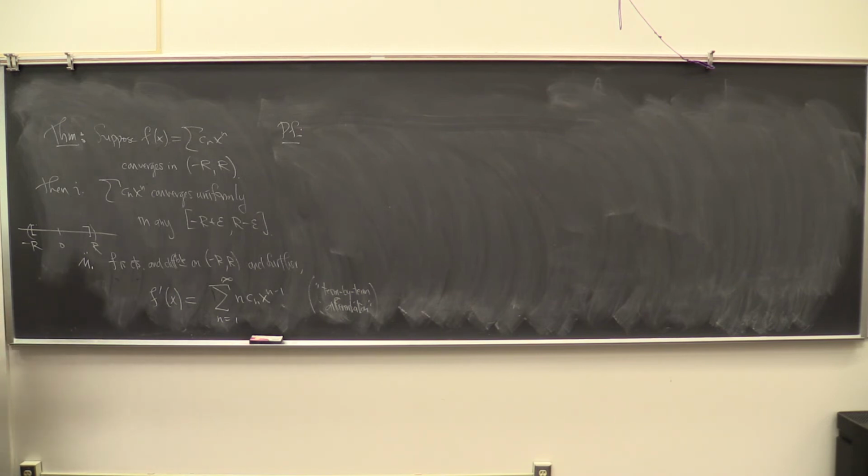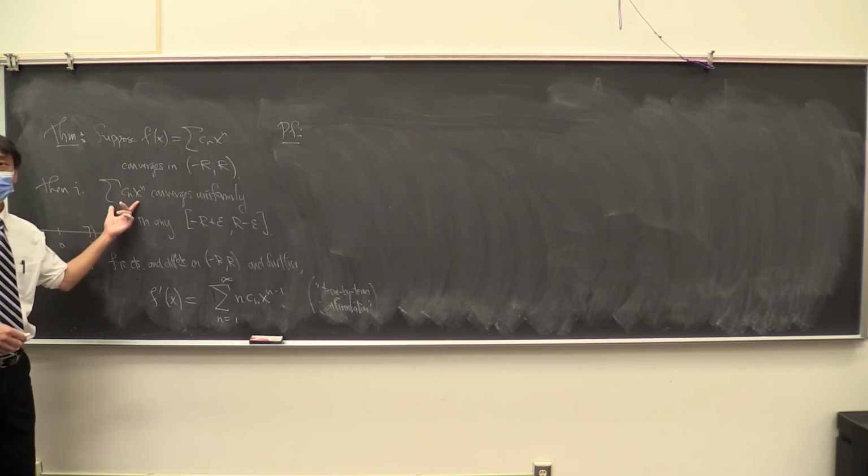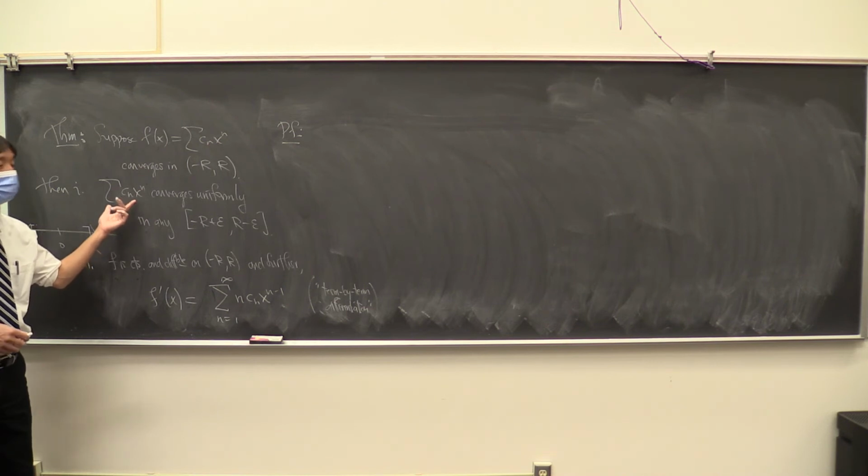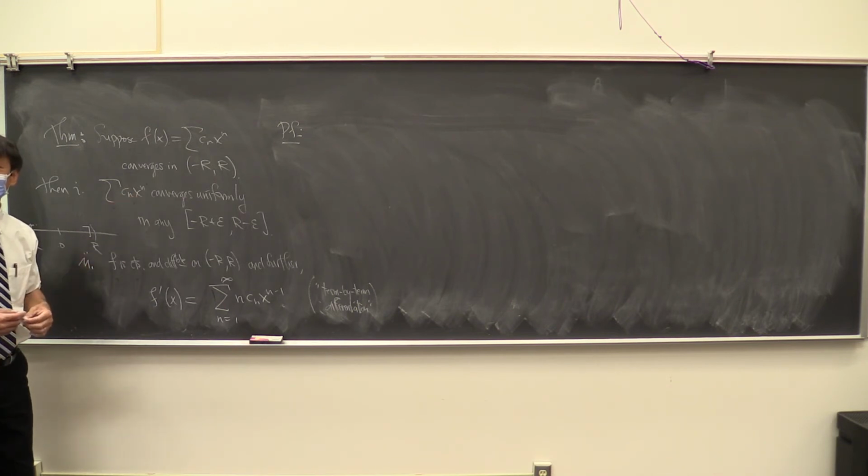Okay, so let's get at it. It's not hard using the tools that we've created over the last couple of weeks in chapter 7. So first part, we want to see that this thing converges uniformly in any [-r+epsilon, r-epsilon]. Does anybody want to make a guess as to what tool we're going to use to show uniform convergence of this series?